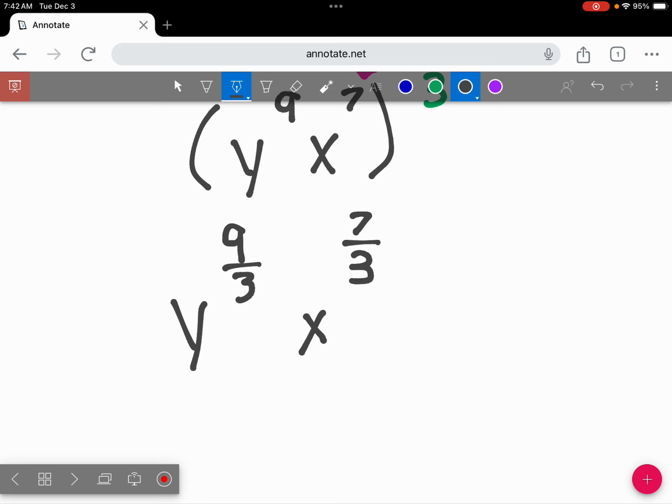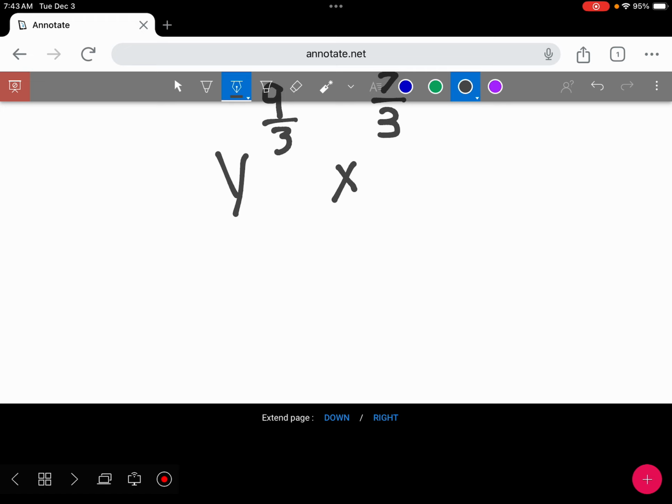These y's really help us see why this fractional index is helpful. Because what does 9/3 simplify down to be? Just a 3. So this becomes y cubed x to the 7/3. It's still icky, but we're going to leave that one there.